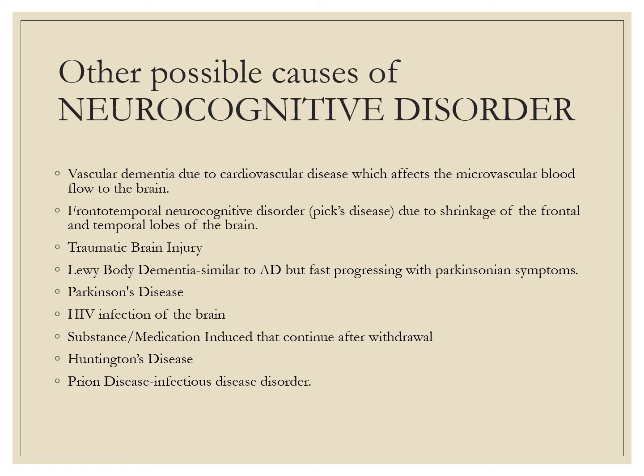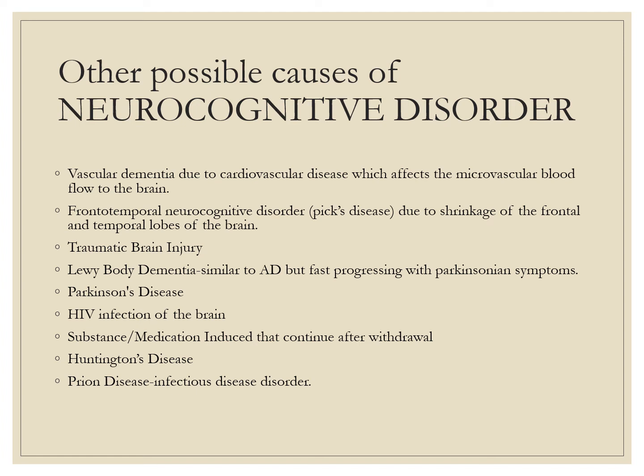High blood pressure can also be one of the cardiovascular things that can cause this. Frontotemporal neurocognitive disorder, also called Pick's disease, is caused by a shrinkage in the frontal and temporal lobes of the brain. TBI, a traumatic brain injury, can cause a neurocognitive disorder.